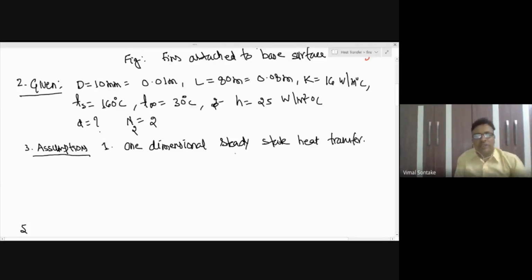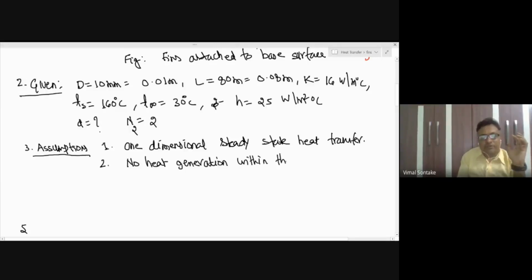Generally what happens in case of heat transfer, set of assumptions are almost same for all the problems for a particular unit. Depending upon the nature of problem, one or two assumptions may get changed. Otherwise, they are almost same for particular unit. No heat generation within the fin itself, that is Qg is equal to 0.